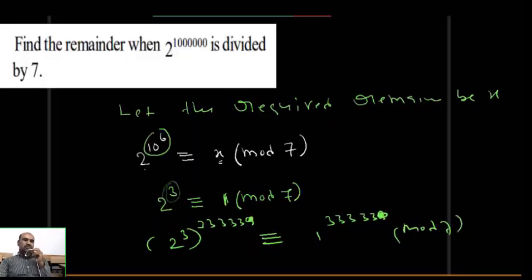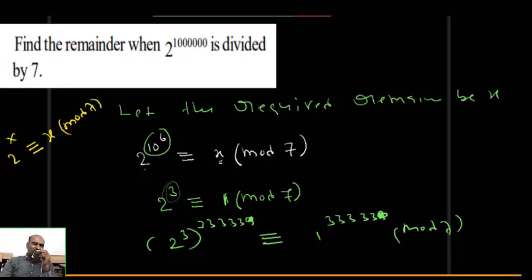Listen students, how I approach the problem. Once again I want to explain. Any problem where 2 power something is divided by 7: what does the remainder mean? 2 power something is congruent to x modulo 7. This is the first step of the problem. Such an x value you want to find. They will give a bigger exponent, like 2 power 2021, or 3 power or 77 power, whatever it may be. 2 power 2021 congruent to x modulo 7.